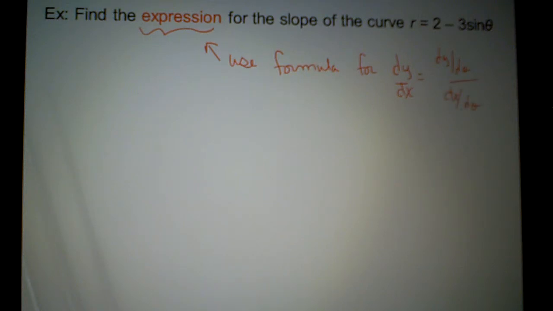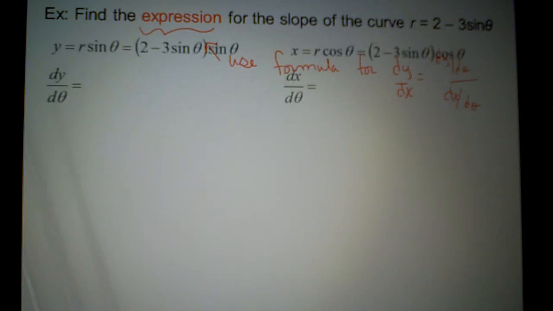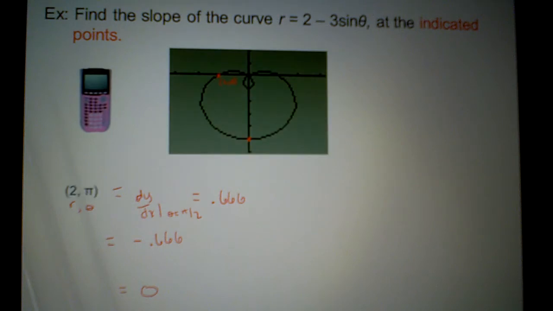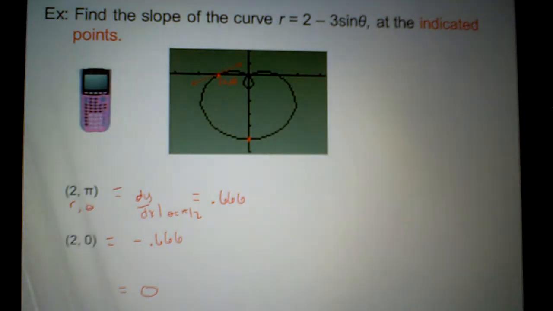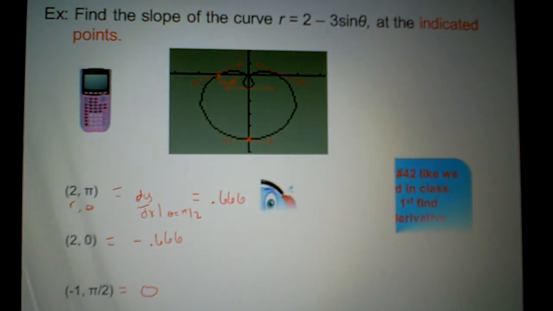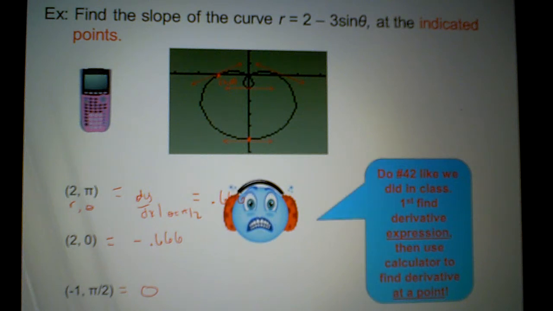But if I just want the slope at a point, that's where I'm going to use my calculator. So, finding slopes of tangents on a polar curve: finding the expression, and finding the value at a point.